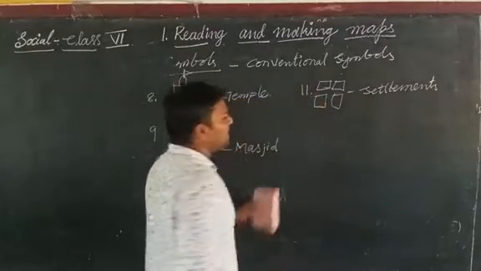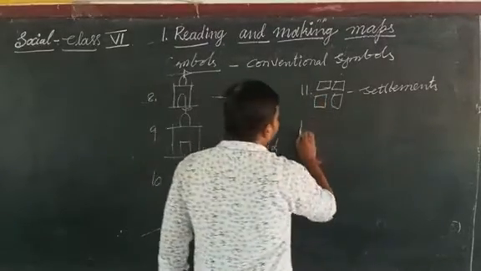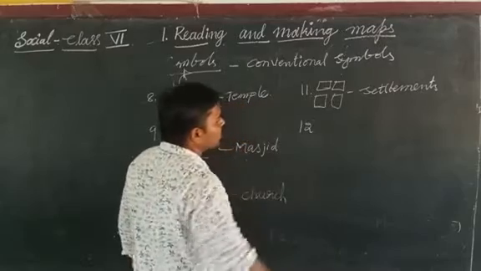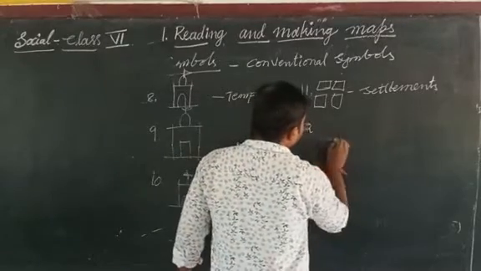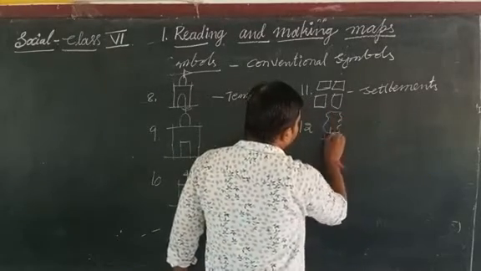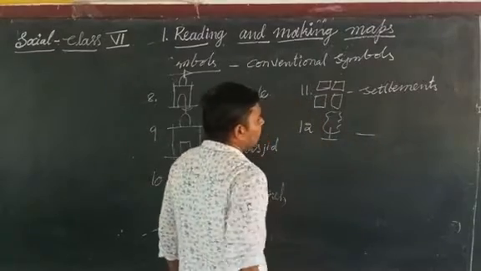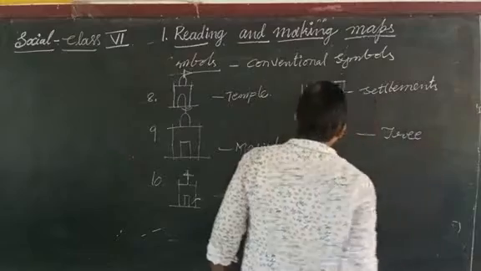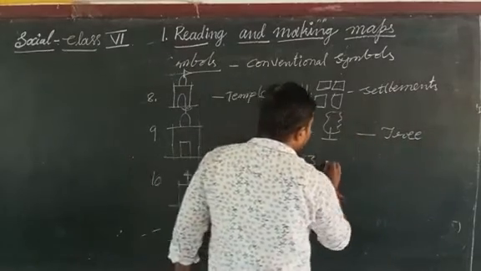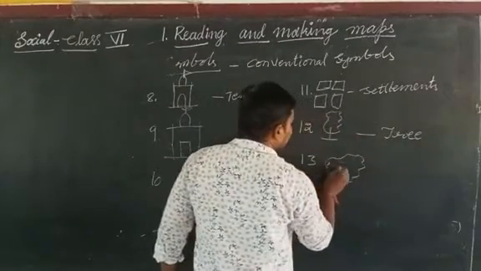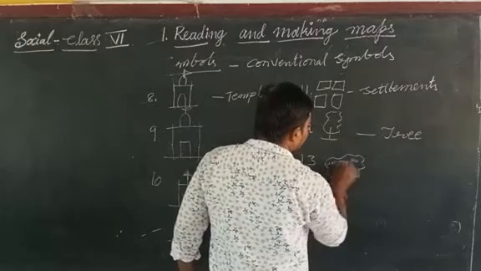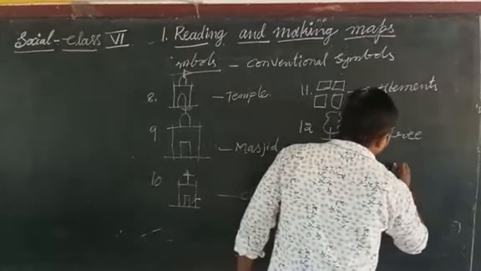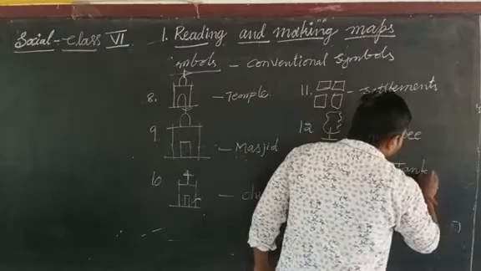Settlements means the places where we are living. And one more, if you see a symbol like this, it is the symbol of a tree. If you observe a symbol like this, it denotes a tank.